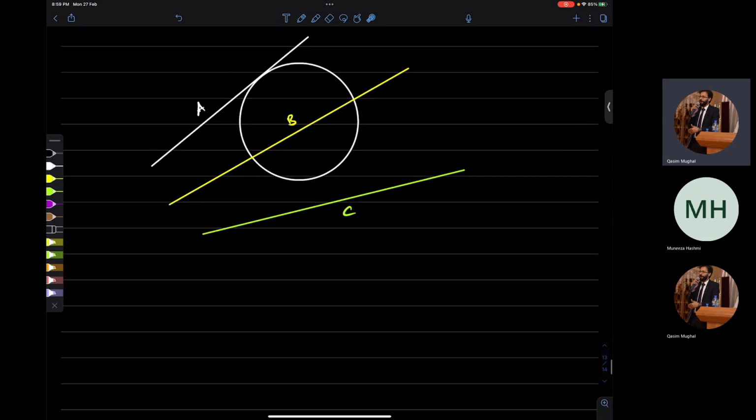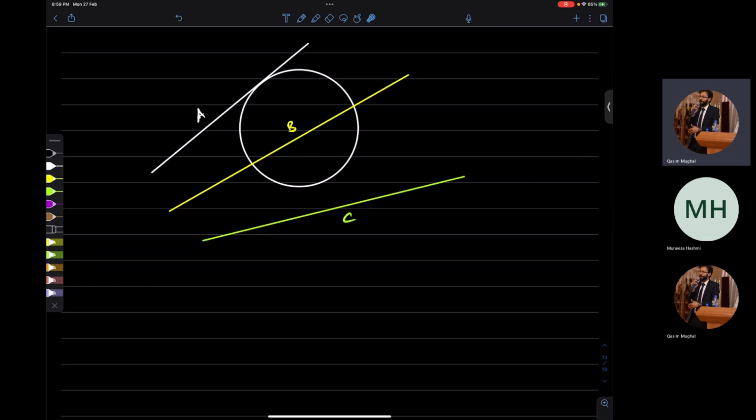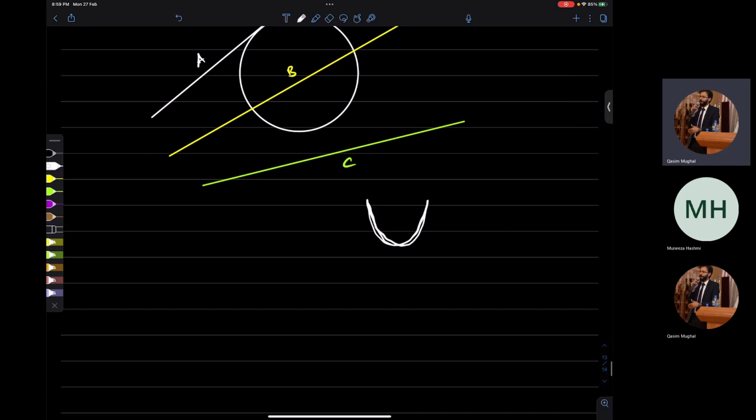Nice. Now if you try recalling quadratics from pure maths 1, I have this quadratic curve and then I have a line, let's say this line. If I solve the equations of the two simultaneously, the discriminant b squared minus 4ac will be greater than 0 if the line cuts the curve at two different points.